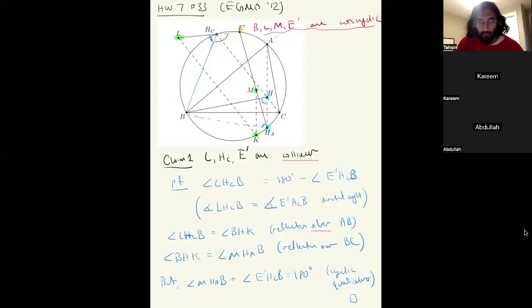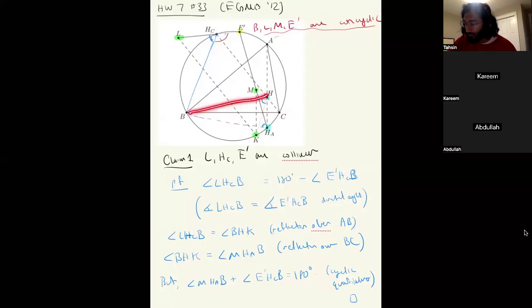I don't get how we got MHAB. Is it this line here? Yeah. So the argument is we were trying to calculate BHK. H and K, if you reflect them over BC, K becomes M and H becomes HA.